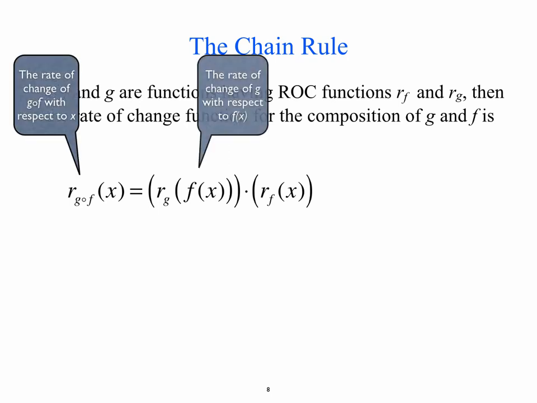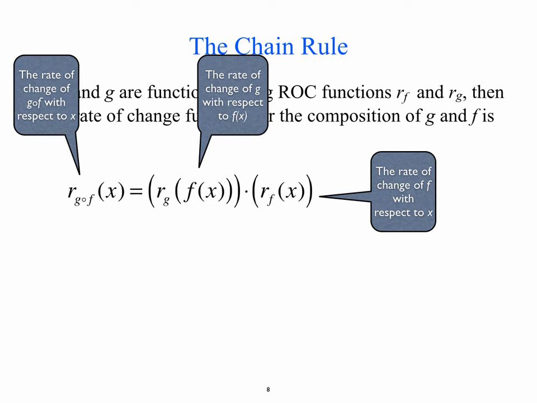So the rate of change of g of f with respect to x is the rate of change of g with respect to f of x times the rate of change of f with respect to x. Okay, so the things to highlight are in that box, where it's the rate of change of g with respect to f of x, and then times the rate of change of f just with respect to x.